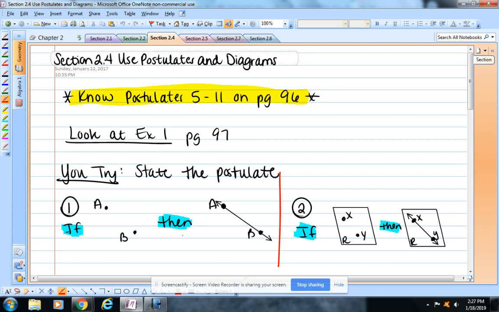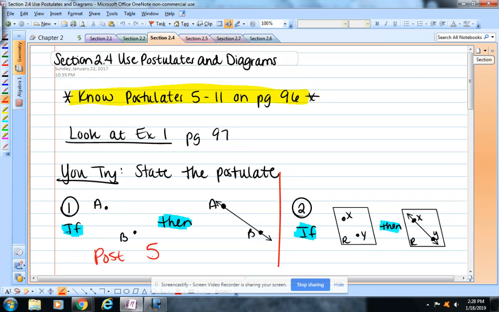Which one of the postulates says something about 2 points making a line? I think it's 5, don't y'all? Because it says through any 2 points there exists exactly one line. Well, that looks like that's represented in that picture. Don't y'all agree? So this would be postulate 5.